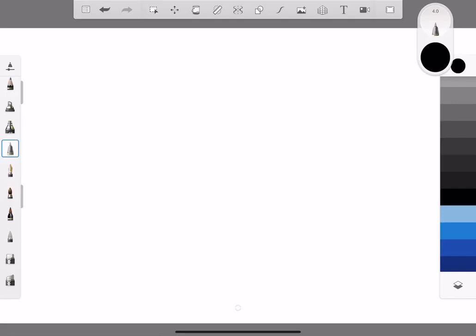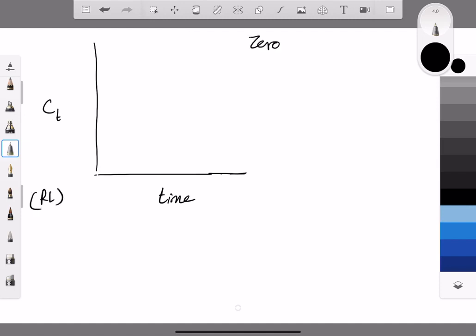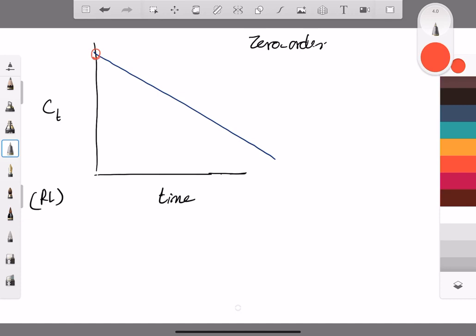So if we are talking about the graph of concentration at a certain time versus time, rectilinear, and it's a zero order reaction, you will know by default, according to whatever I mentioned, that the graph will be like this, and you will have this as your C naught, or your initial concentration, and the slope will be equal to minus K naught, or the negative of the zero order rate constant.